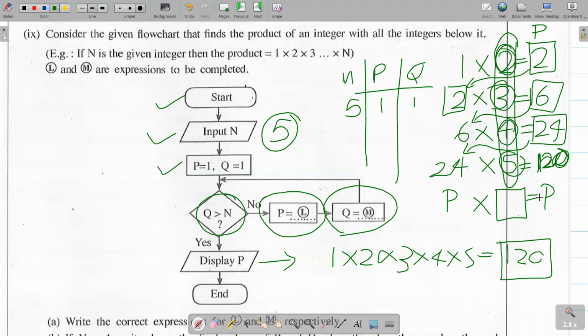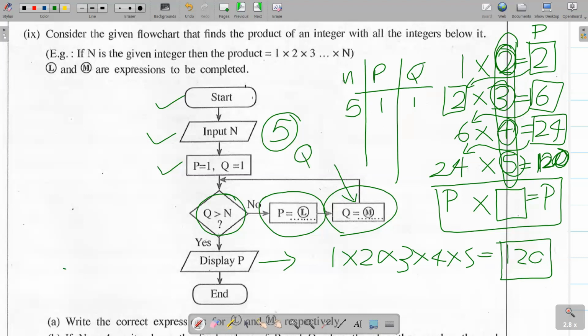So there should be a variable which increases 1 by 1. Q is starting from 1, and since P is differing like this, Q is the only chance which we can argue will increase 1 by 1.